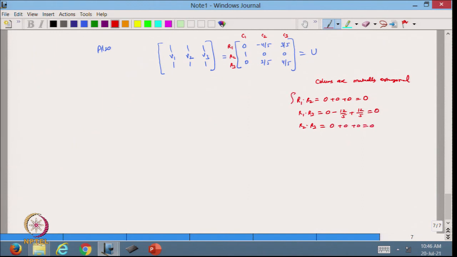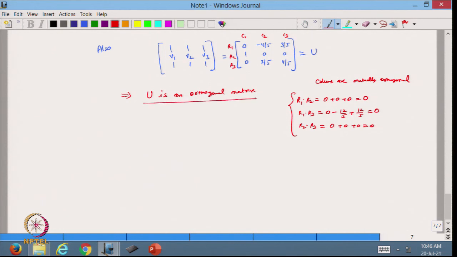So, it means that in this case my columns are mutually orthogonal to each other, as well as the rows are also mutually orthogonal to each other. If you get such a type of matrix, then you will see that U is an orthogonal matrix.